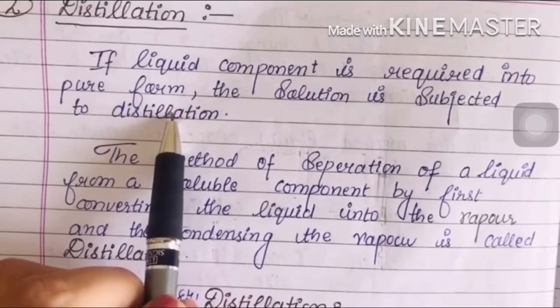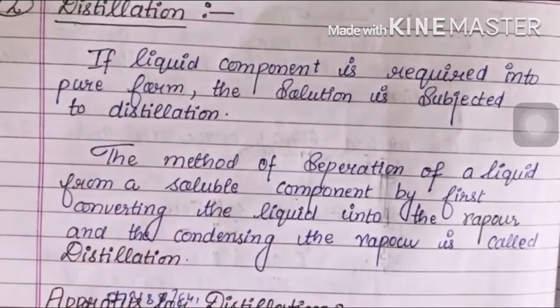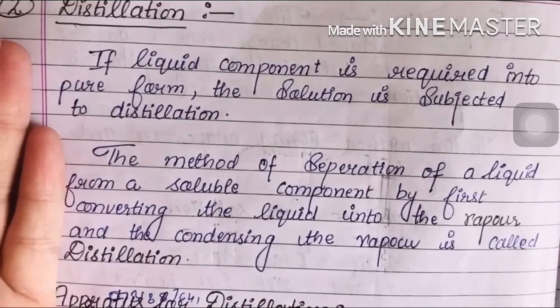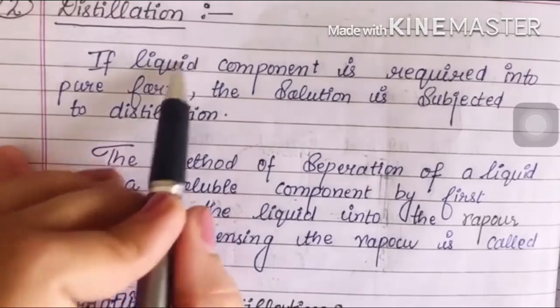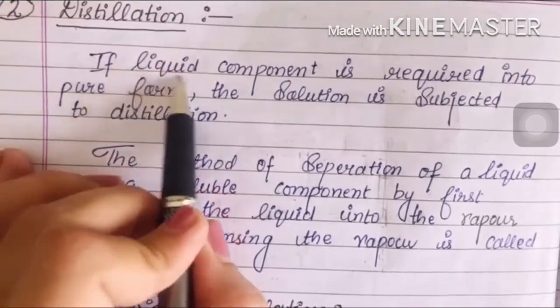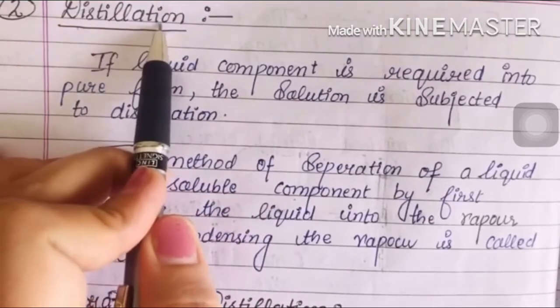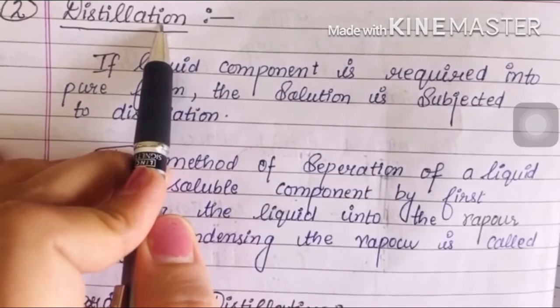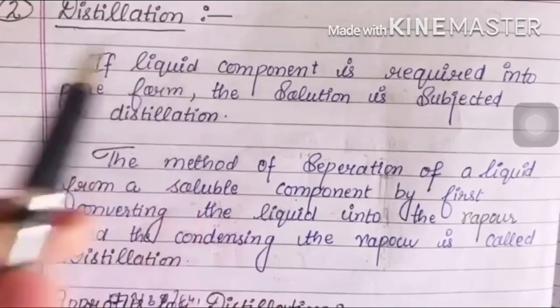If we have a solid liquid mixture, in the previous topic we needed the salt in the solid form. But in this method, we have to take only the liquid. So for this we use the distillation technique, in which the solid liquid mixture is present, but we need only the liquid.